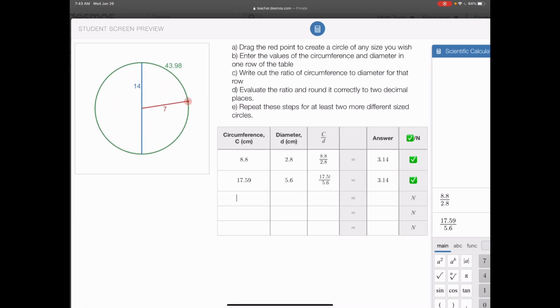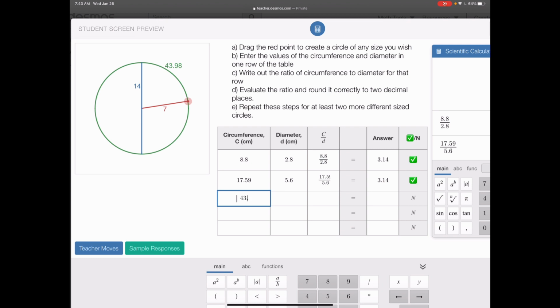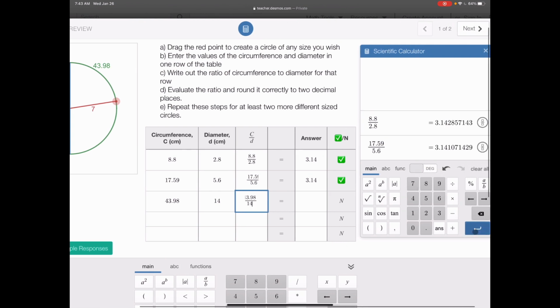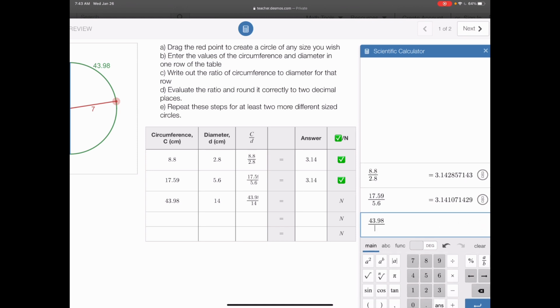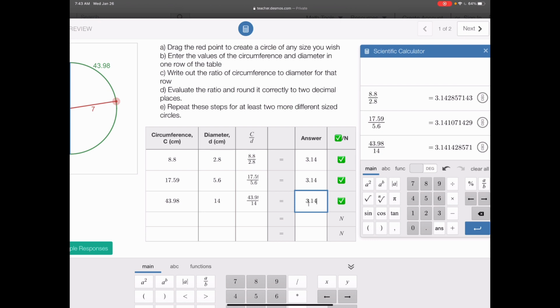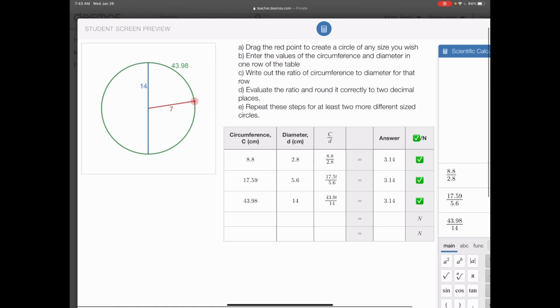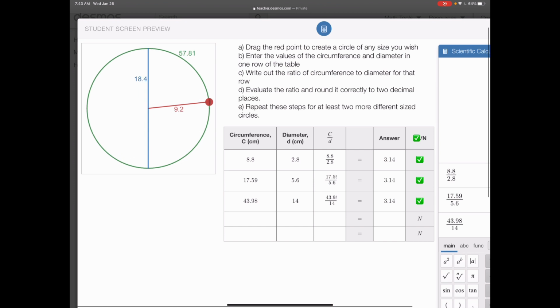Let's go pretty big. 43.98 is the circumference, the diameter is 14, and we're going to do 43.98 divided by 14. 3.14. Oh my gosh, what is happening? Is this magic? Is this trickery? No. This is mathematical truth, everyone.